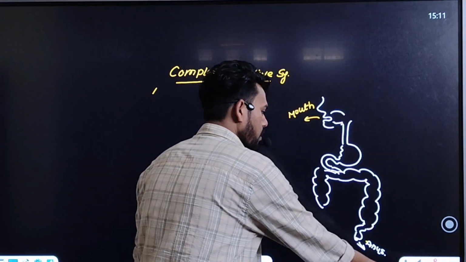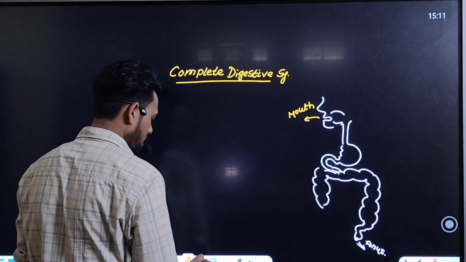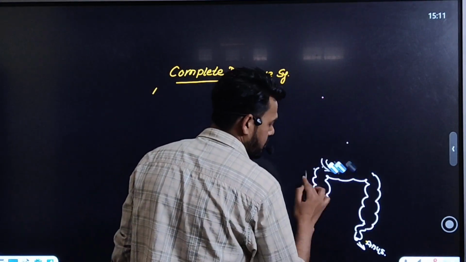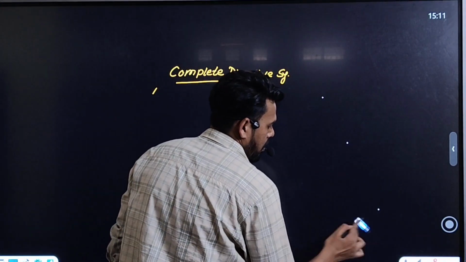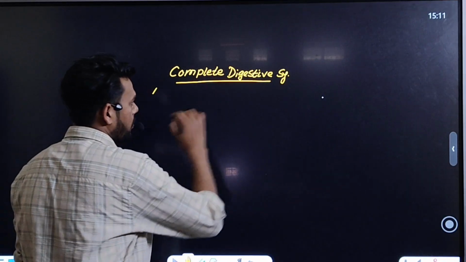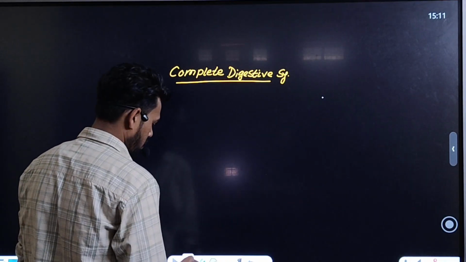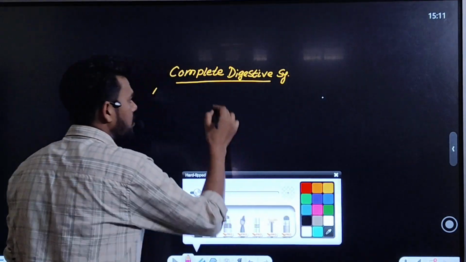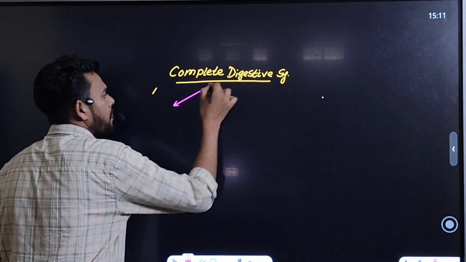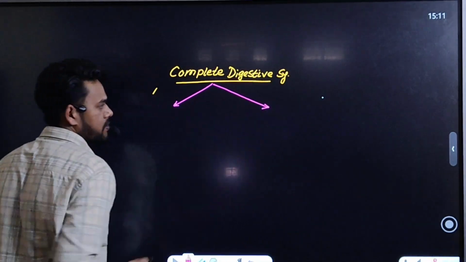Now the digestive system of frog consists of two parts.